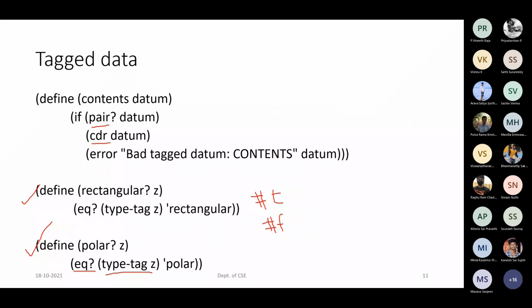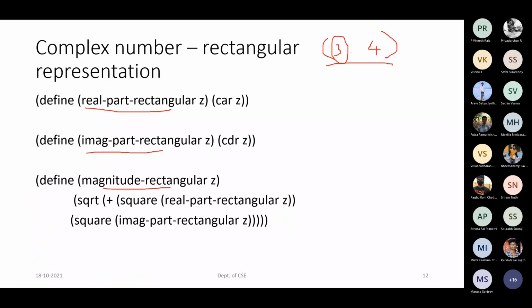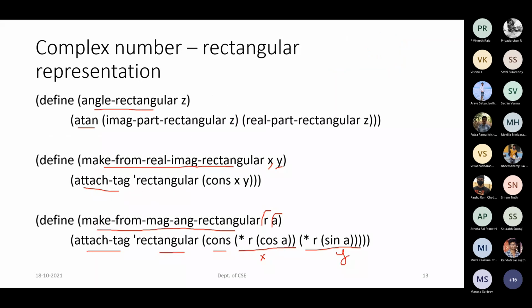We extracted the first part of it, that is the tag name, and the content has been taken. After that, we specifically deal with the content part of it. So keeping that in mind, we have defined the real part of the rectangular, the imaginary part of the rectangular, as well as the magnitude of the rectangular and the angle of the rectangular.